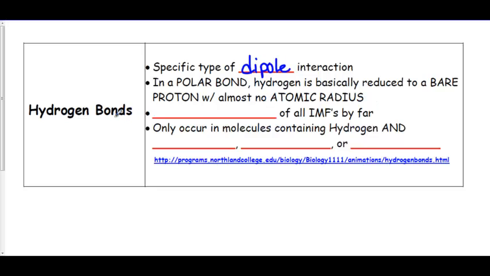Therefore, it will be the strongest of all IMFs by far. Only occur in molecules containing hydrogen and oxygen, nitrogen, or I should say, fluorine.